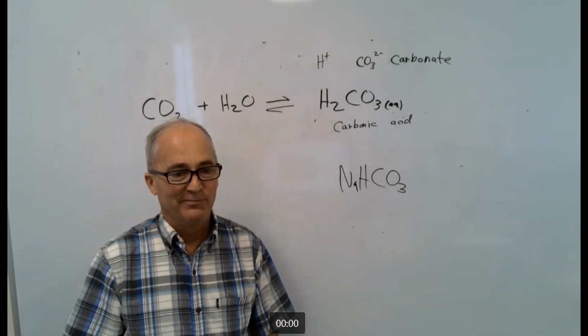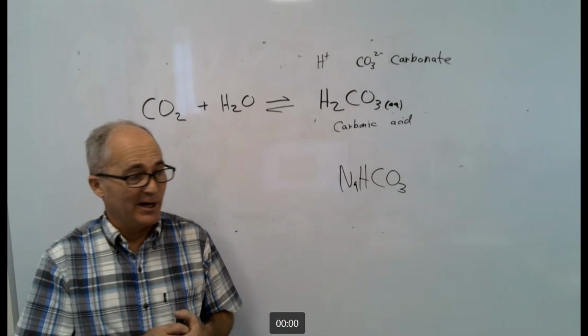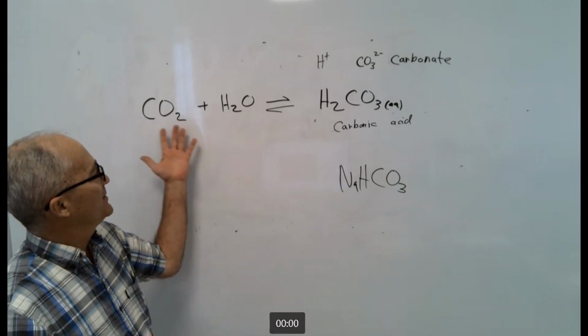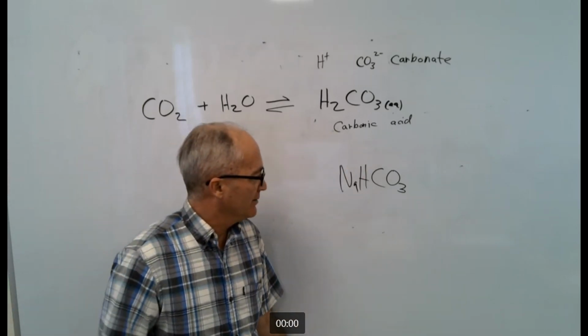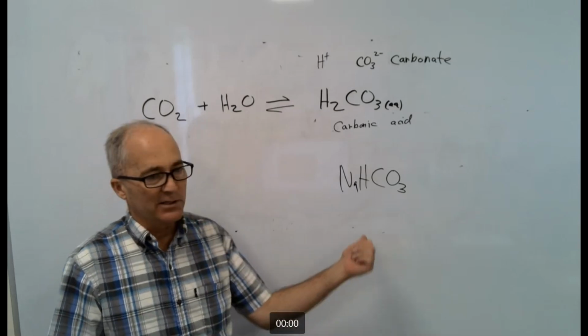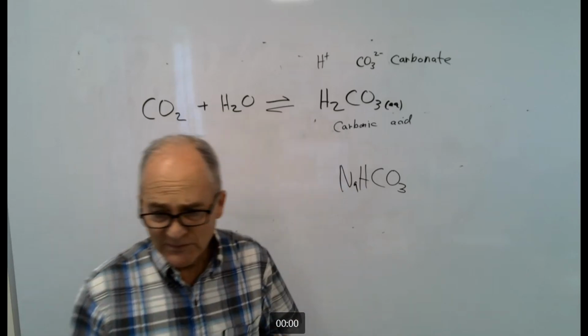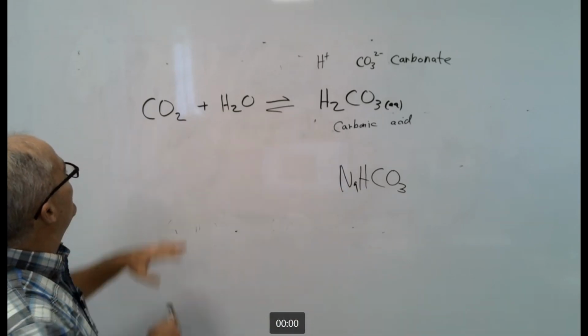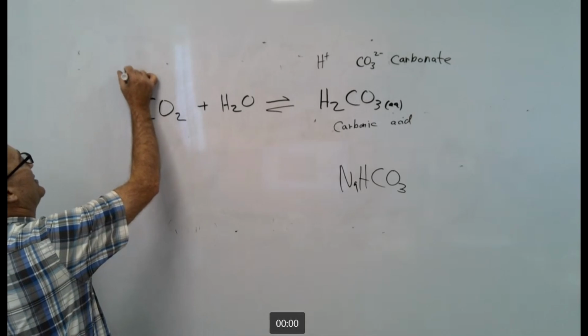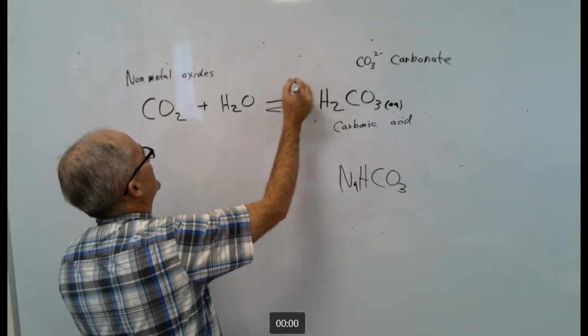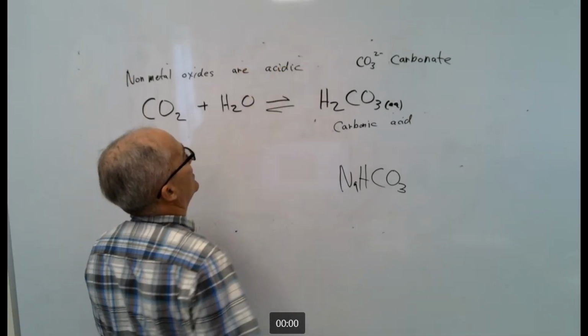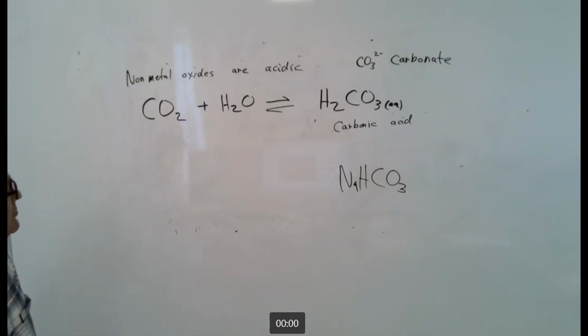It's the buffer with the gas. This is building up, and your blood pH is kind of bad. They can just dump a lot of this into your body and stabilize your pH. All right, so we might call this a non-metal oxide, and most of these are acidic.